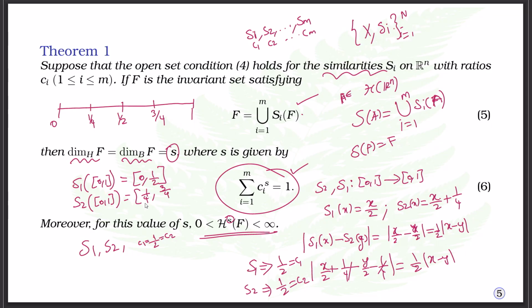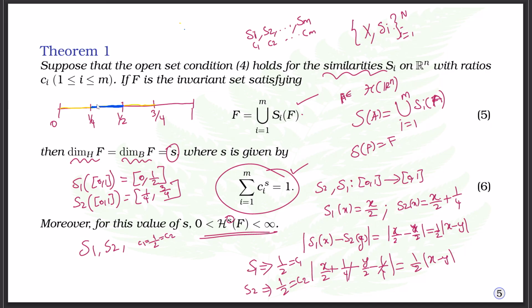Now, the image of [0, 1] under S1 is this one, and the image of [0, 1] under the mapping S2 is this one. Now, this portion is overlapping in both the cases.